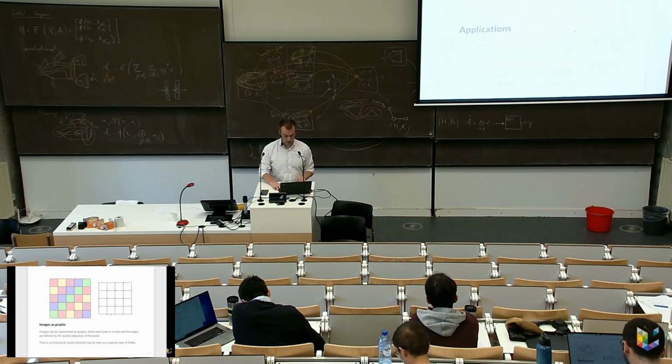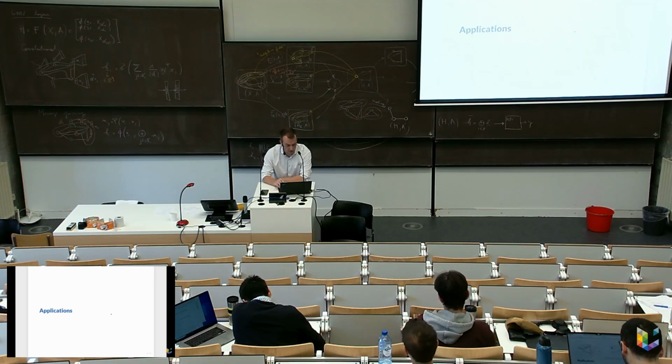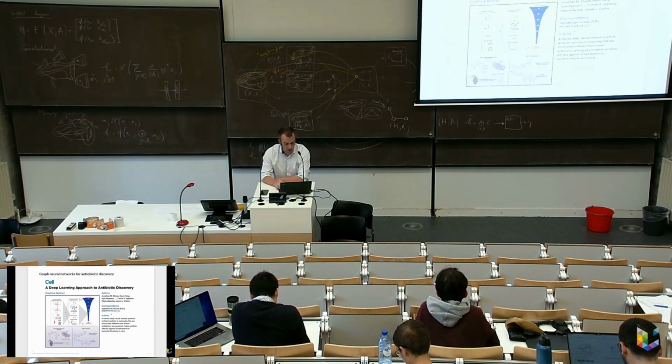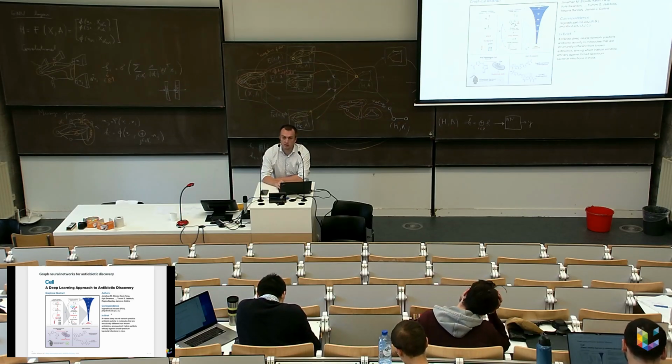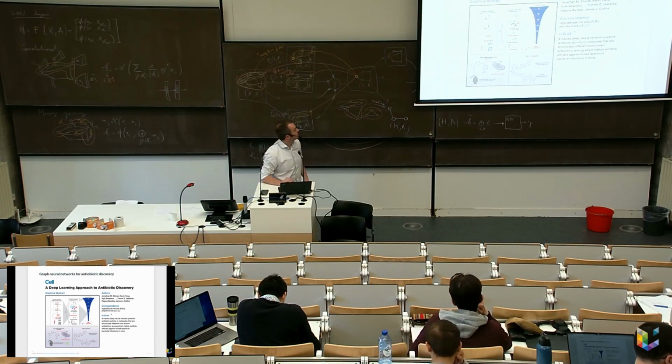Okay, so then let me finish with a few nice applications which have been made possible because of this architecture. The first one, which I found quite interesting, is the case of applying machine learning or deep learning to discover new antibiotics. This is the example I was taking at the beginning of the class this morning.